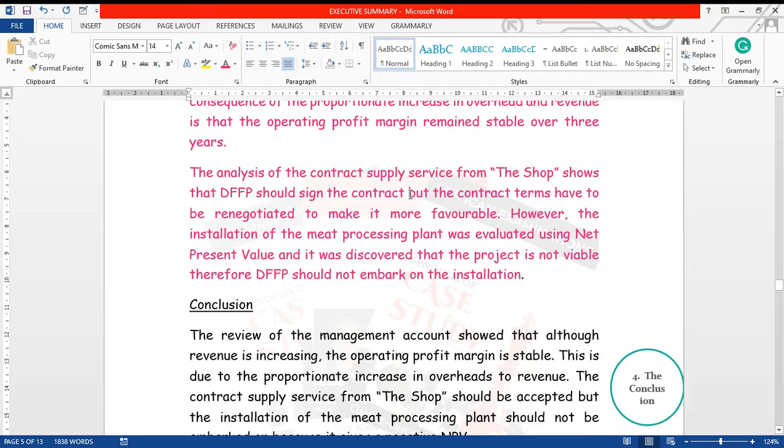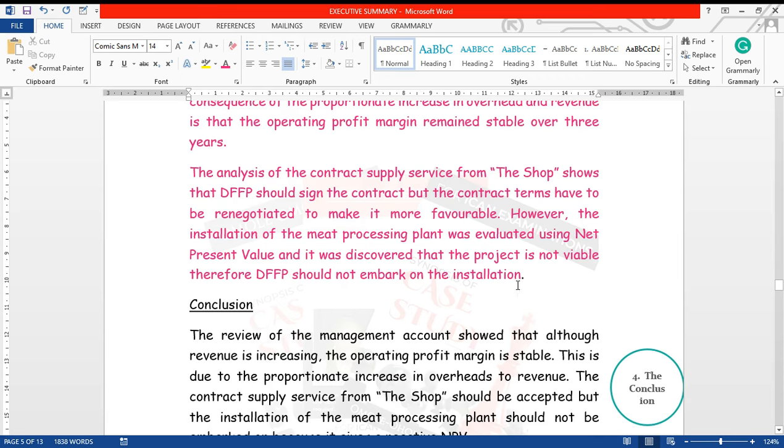So that's all these things we have done, all these things that you're summarizing. Where did you gather it from? From the body of your report, right? So we must have done some computations in your appendix section. We have talked about it at length. So you're just summarizing it here. However, the installation of meat plants was evaluated using net present value, and it was discovered that the project is not viable.